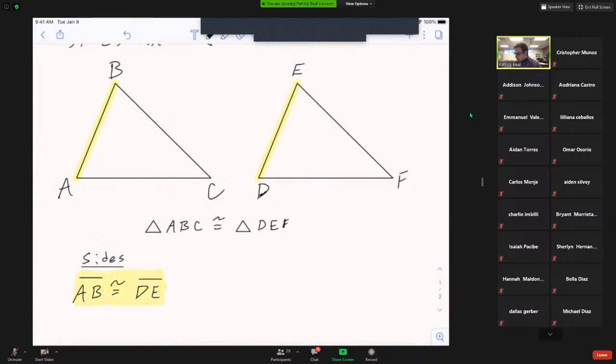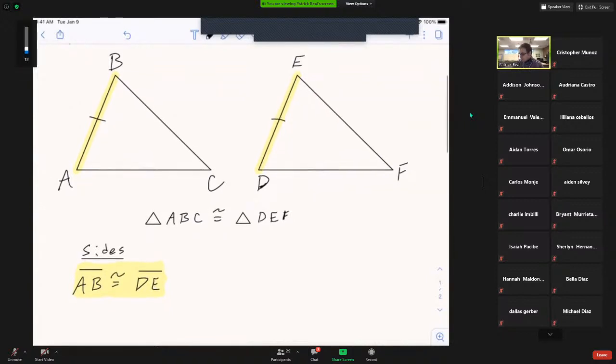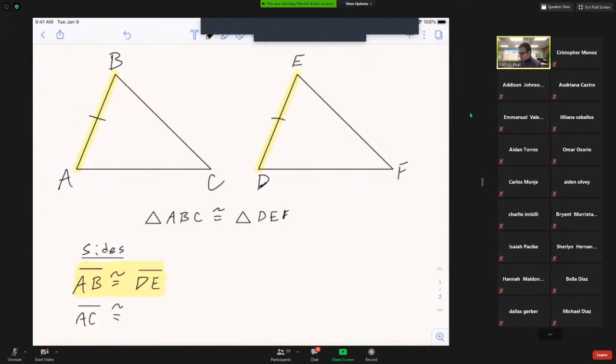And usually what we do to represent that is we'll put a single line on those sides, and that one line represents that they're the same length. What else? Let's do AC next. What is AC congruent to? DF, very good.